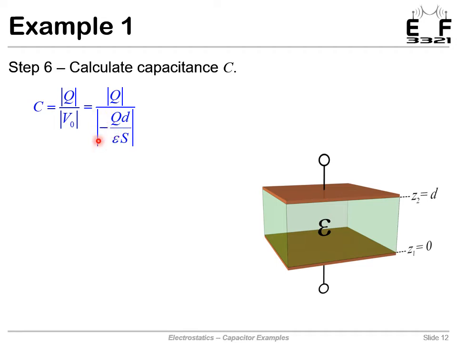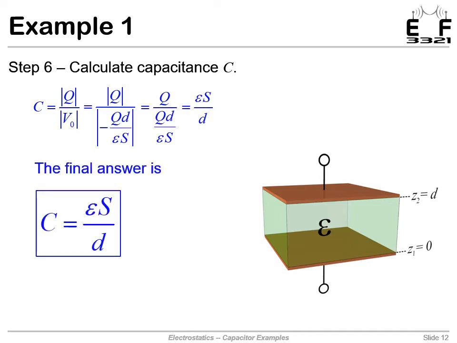And we have this magnitude operation happening here, so we'll just ignore the negative sign, and we end up with Q all divided by QD over epsilon S, and the Q's cancel. The epsilon S comes to the numerator, and we end up with epsilon times the area S divided by the separation D. And in fact, that is our final answer for the capacitance of the parallel plate capacitor.